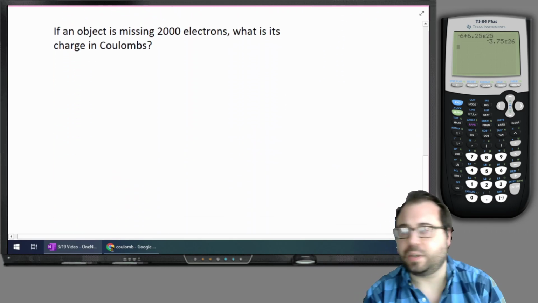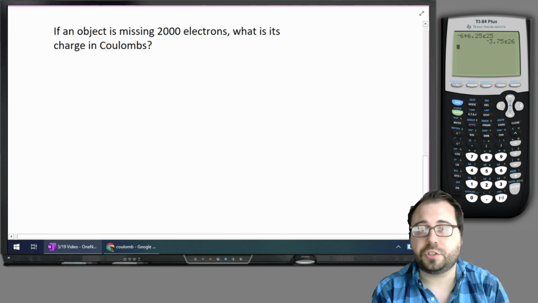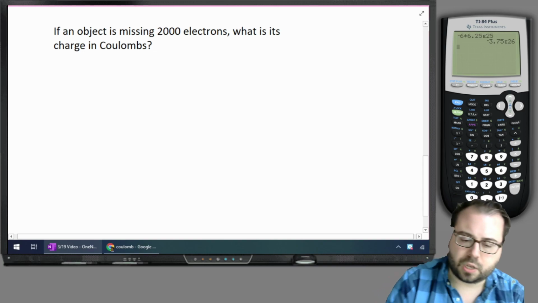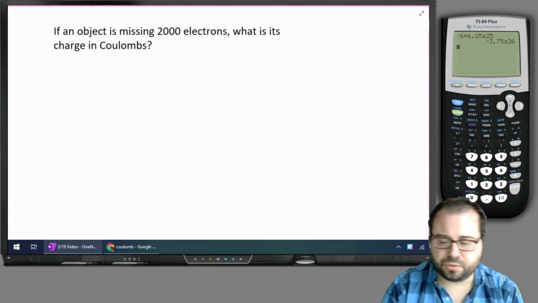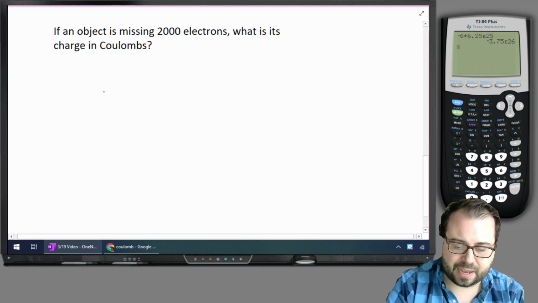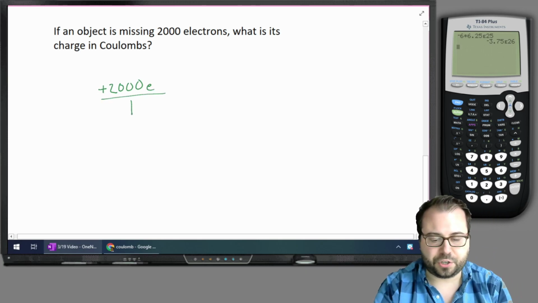Let's go on to this next question. If an object is missing 2,000 electrons, what is its charge in coulombs? So let's give this one a shot. If the object is missing 2,000 electrons, we're going to say the object has a charge of positive 2,000 E, or positive 2,000 elementary charges.